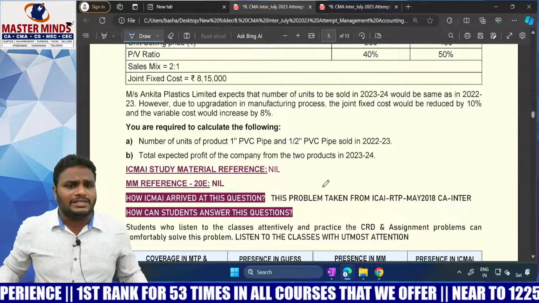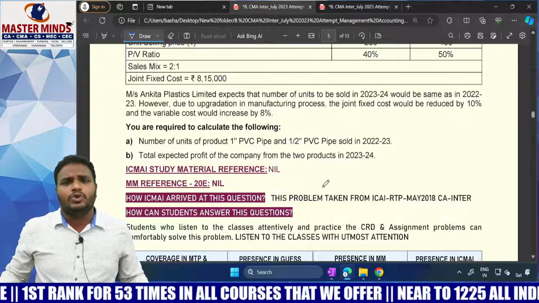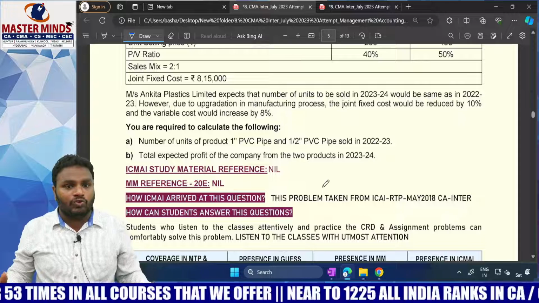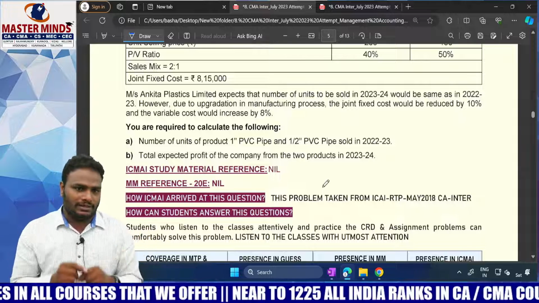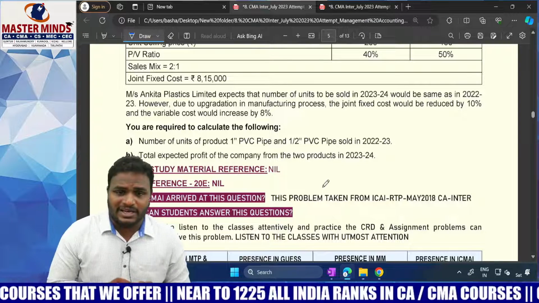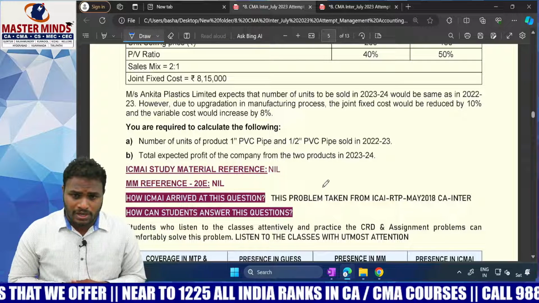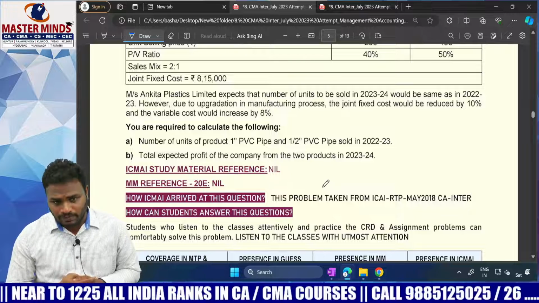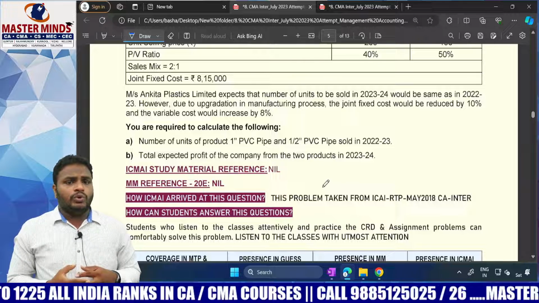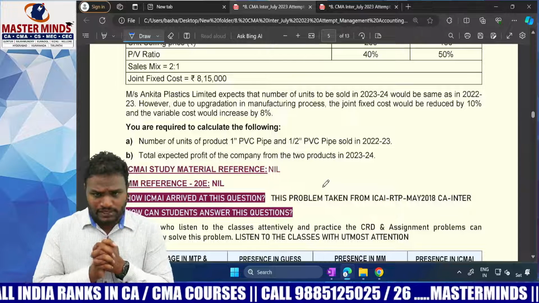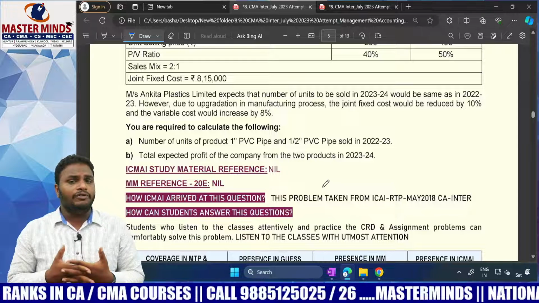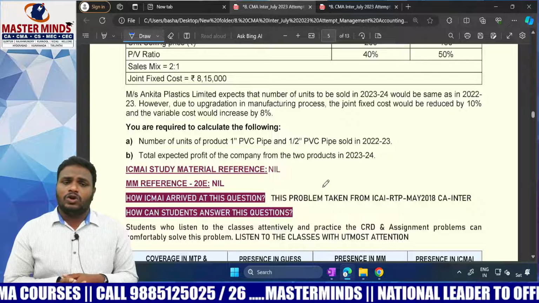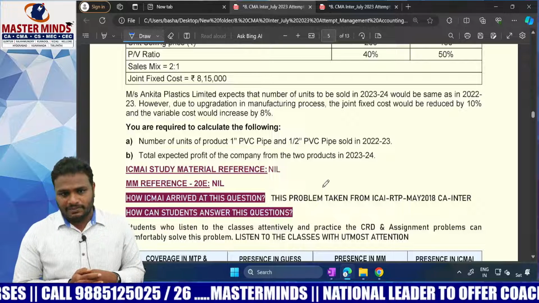Mrs. Ankita Plastics Limited expects the number of units to be sold in 23-24 would be the same as in 22-23. This is very important. However, due to upgradation in the manufacturing process, the joint fixed cost would be reduced by 10% and the variable cost would increase by 8%.